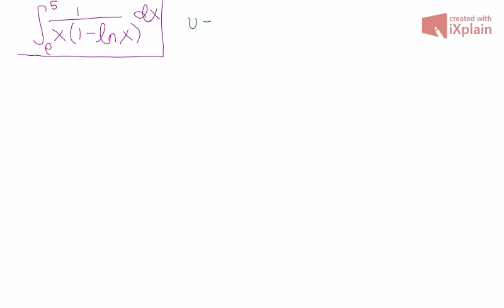So u is going to be equal to 1 minus ln of x, which makes du equal to negative 1 over x dx.